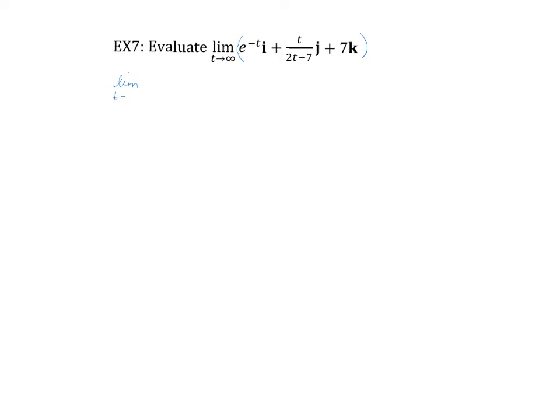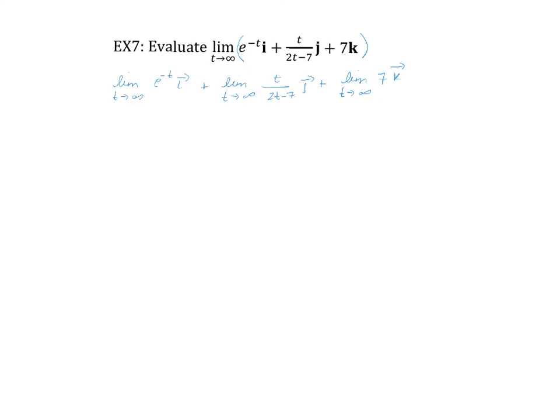The limit as t goes to infinity of e to the negative t i, because it's a vector, plus the limit as t goes to infinity of t over 2t minus 7 j plus the limit as t goes to infinity of 7k. Again, the limit of a vector is a vector, which is why I'm leaving in the i, the j, and the k.